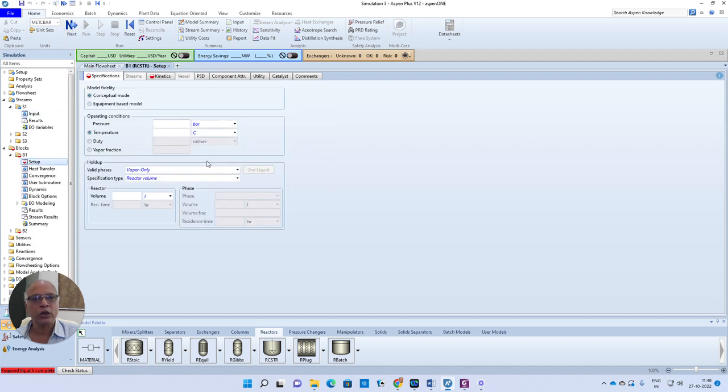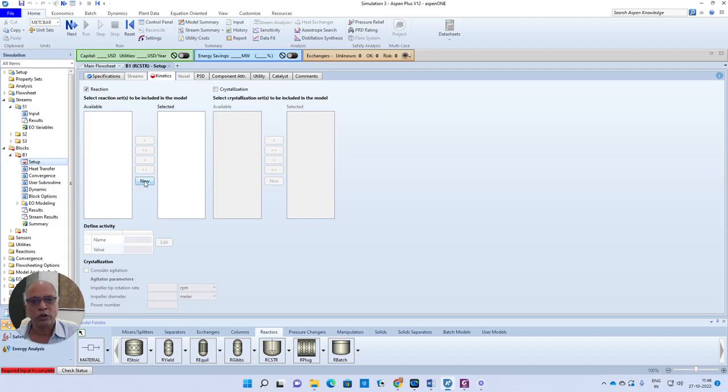We need to define the blocks. Each of the reactors is operating at the same temperature and pressure, which is 5 atmospheres and 800 Kelvin, isothermal. You know this is vapor only. So let me assume the volume of the reactor as 10 liters to start with. Go to the next. Now we need to talk about the reaction.